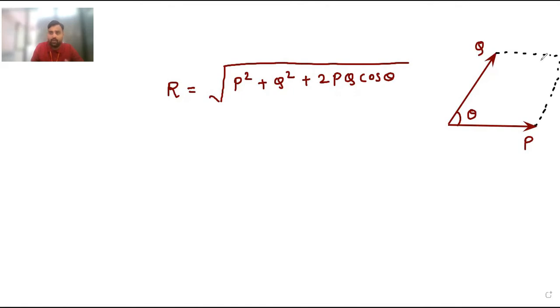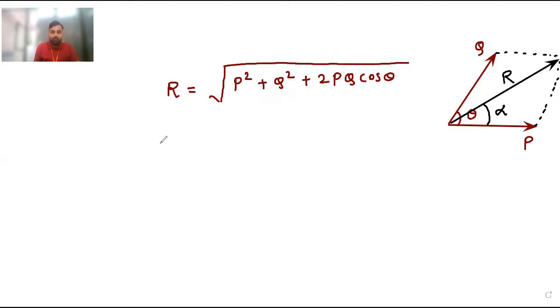Now when we join this line, this is our resultant. This line is nothing but our resultant R, the resultant of these two forces P and Q. And the angle of the resultant with the horizontal is alpha. So R represents the magnitude of the resultant, alpha represents the direction of the resultant.